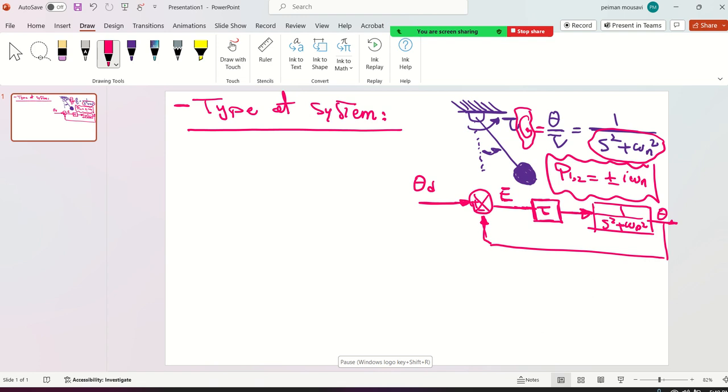Now I taught you a fourth order system with two spring and mass dampers in the previous classes. You can even have a sixth order system, 10th order system, 100th order system.